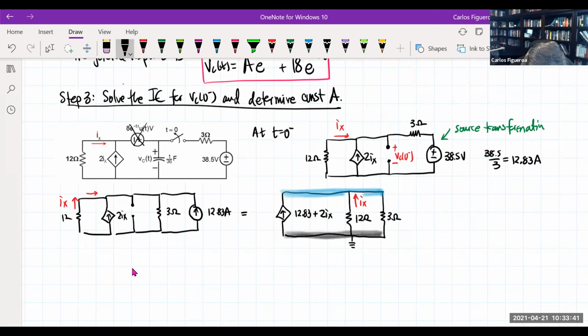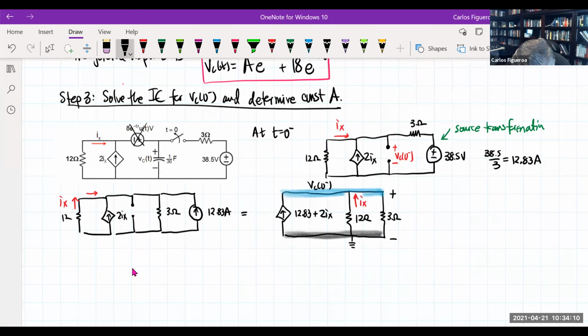So then this tells me that this is VC of 0 minus here. So I just got to get that voltage across any of the resistors, right? So I got to be a little bit careful here because that voltage has a polarity of plus and minus here. You could see that that IX is going from the negative to the positive.